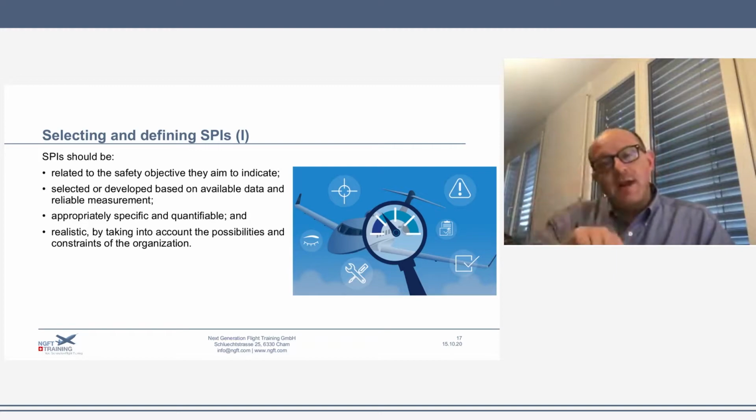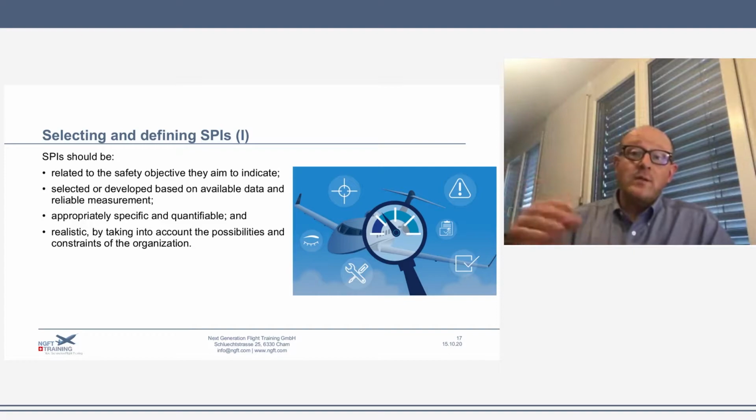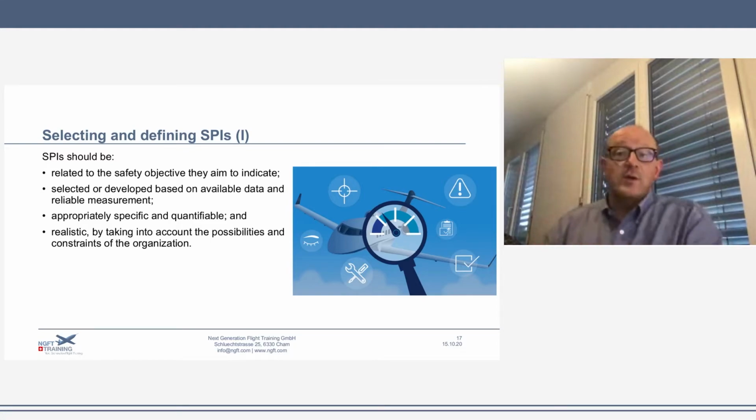So they should be related to the safety objective. If your objective is to protect your workers from any bodily harm, you need to have indicators that will measure whether that has been achieved. It has to be available data, and you need to be able to measure it reliably.